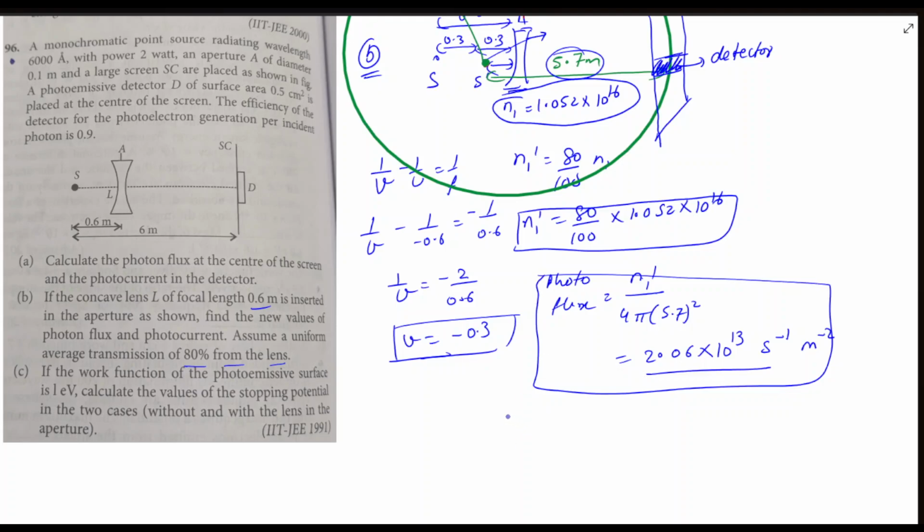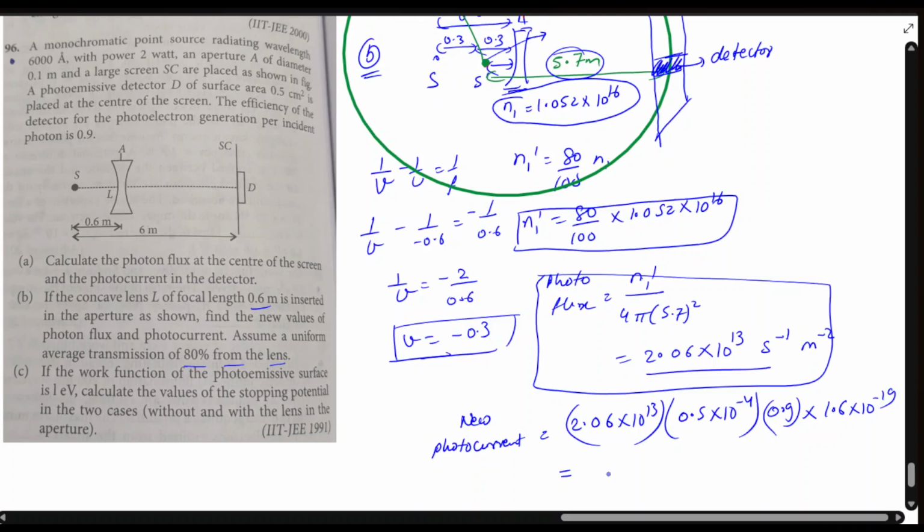Okay, and if I want to calculate the new photocurrent, how will we calculate it? It will be 2.06 into 10 raised to power 13, and the area was 2.5 into 10 raised to power minus 4, into 0.9 times of this because of the efficiency, times 1.6 into 10 raised to power minus 9.